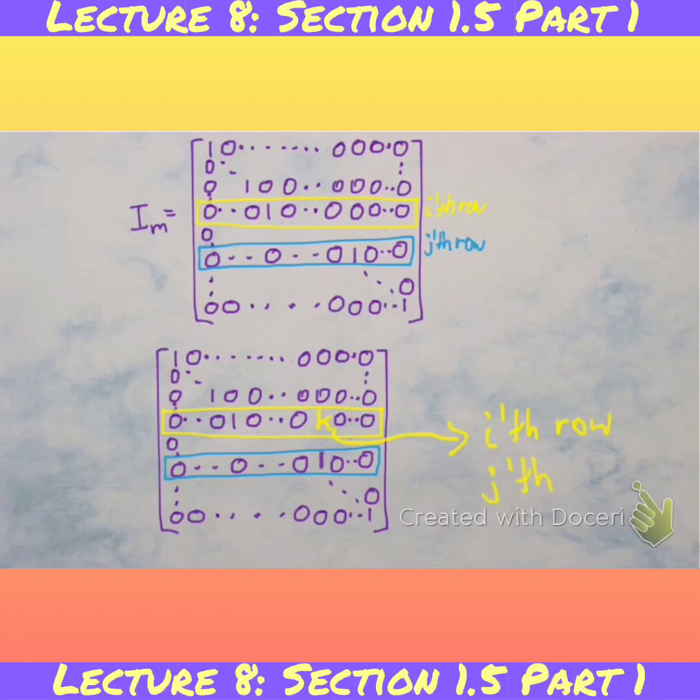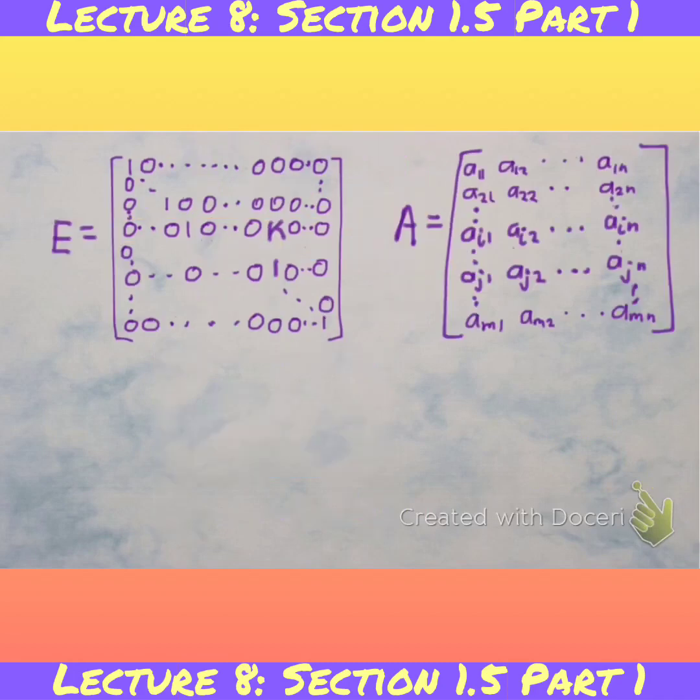It's important for us to note that, because it becomes relevant when we calculate the product of E with A. Okay, so the only thing that changed here is the ith row of the identity matrix. It gained an extra entry, a k, in the ith row and the jth column. Right, so now we can calculate the product.